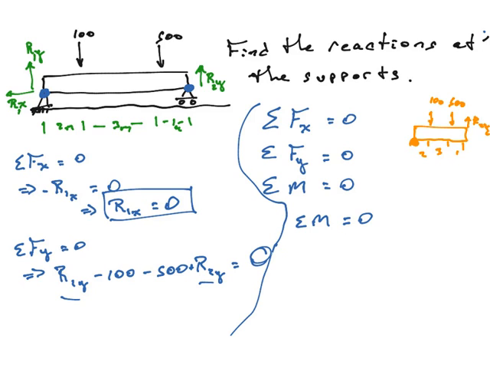So, with that little picture in mind, I want to do the moments. Let's look at the 100 Newton force. That 100 Newton force pushes down, and it makes my system want to go clockwise. For moments, clockwise, we call it negative. So, we have minus the force, 100, times the distance from the point of rotation to the force. So from here to here is 2 meters.